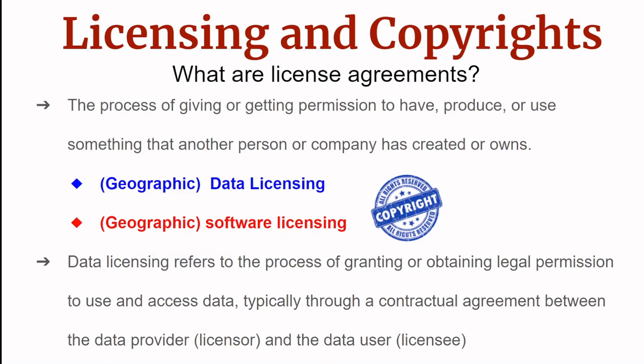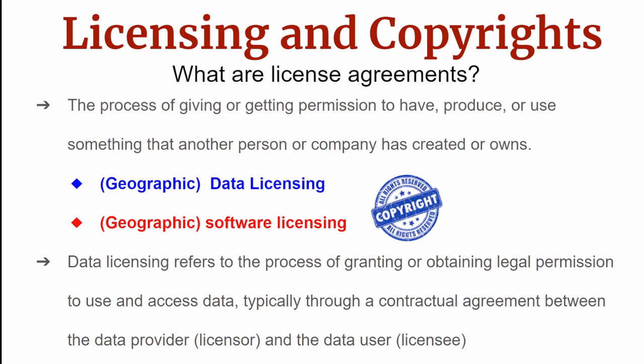Now, we'll start with the license agreement, the process of getting or giving permission to produce or to use something that you have created or another person has created or a company has created. That's basically what we mean by license agreement.